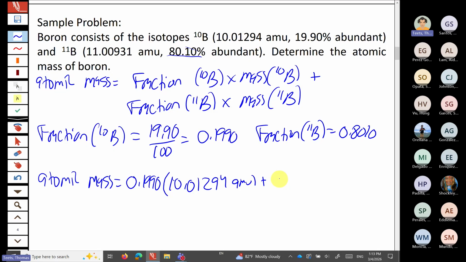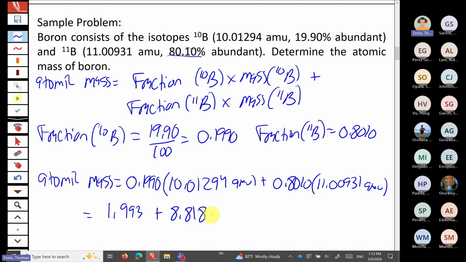And then the fractional abundance of the second one is 0.8010 times the second isotope mass, which is 11.00931 AMU, the mass of boron 11. So numerically, that comes out to 1.993 plus 8.818, 10.811 AMU would be the weighted average atomic mass of naturally occurring boron.